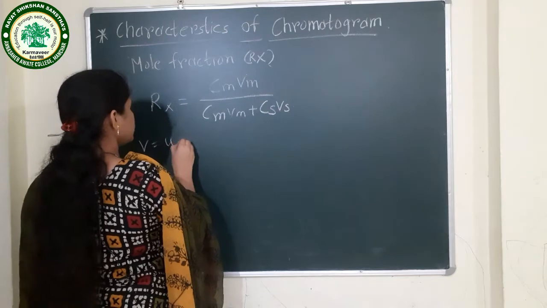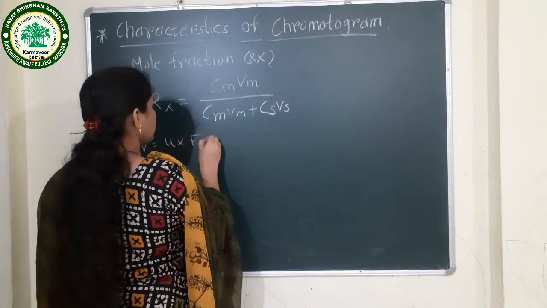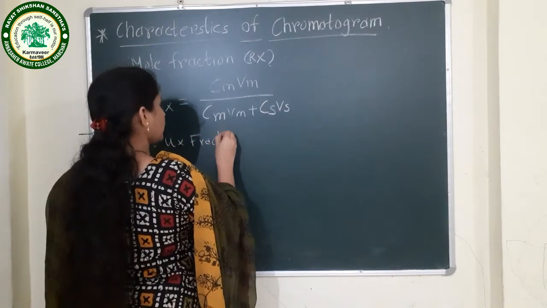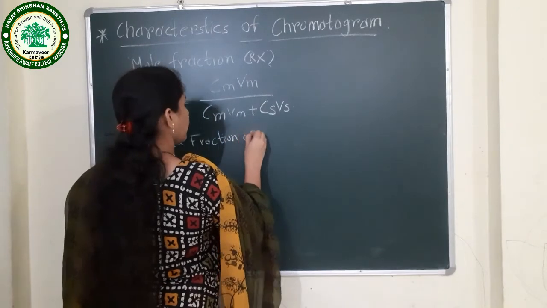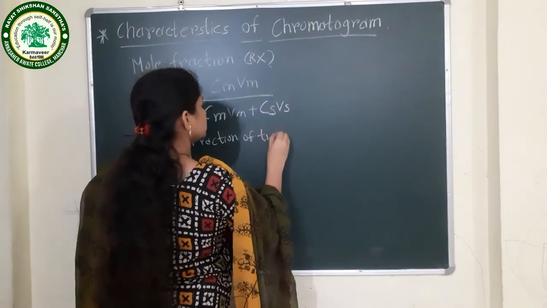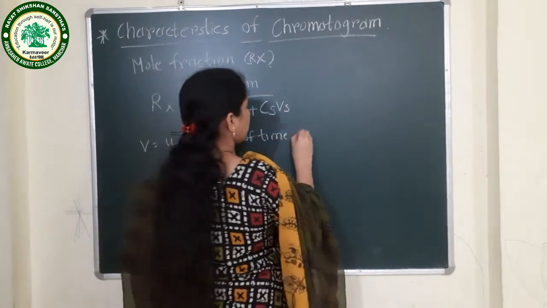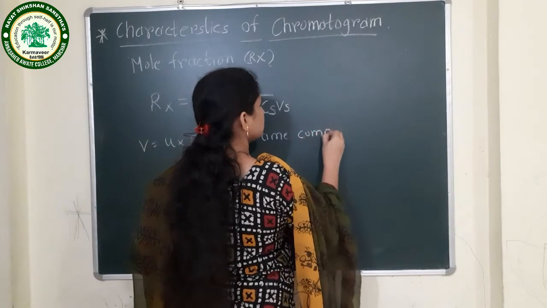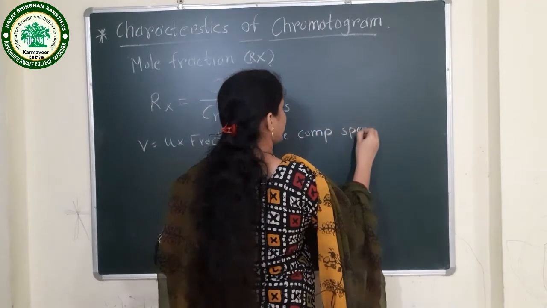V is equal to U into the fraction of the time that compound spends in mobile phase.